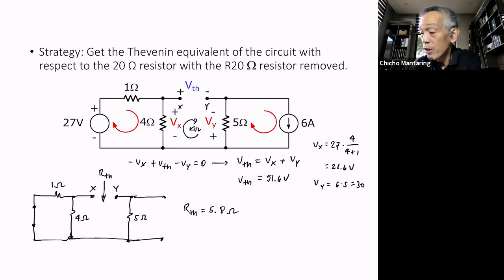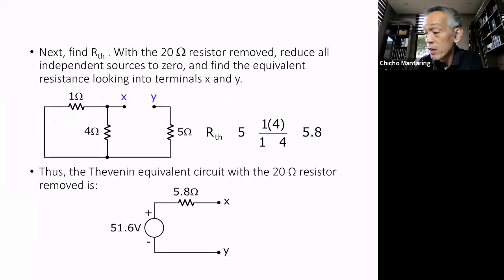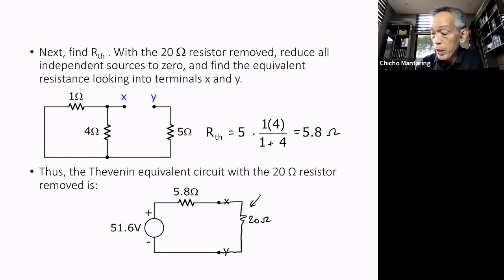Okay, so what does that mean? Oh, by the way, this is 5.8 ohms. So this is now the RTH, and this is the Thevenin equivalent. What do we do now? Remember, what we wanted was to compute the current going through our load. So we put the load back.